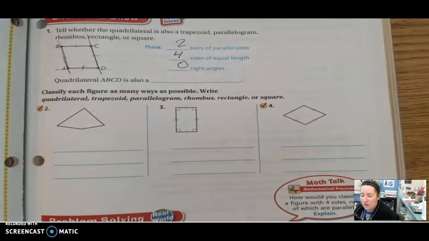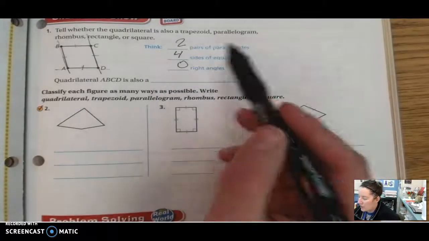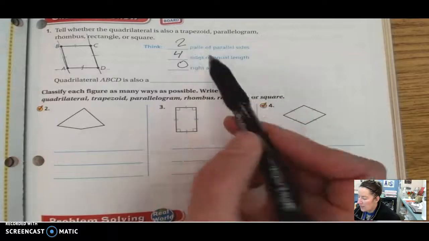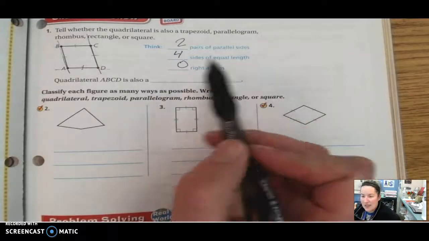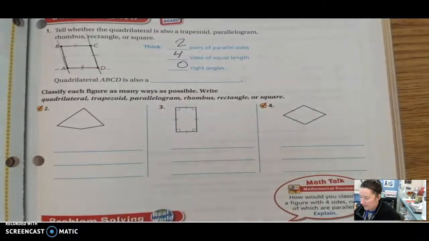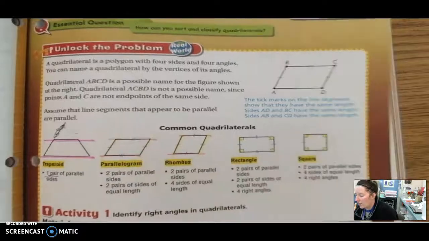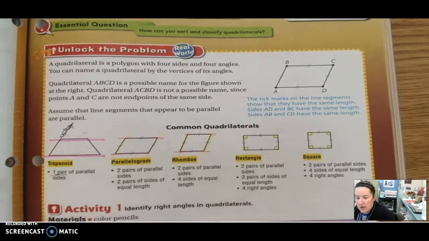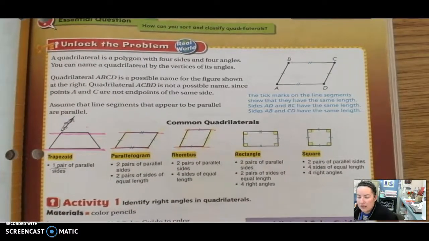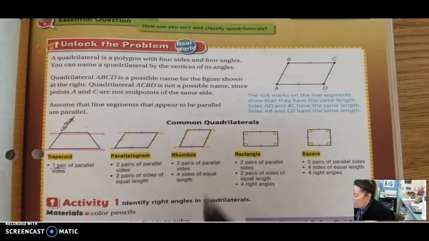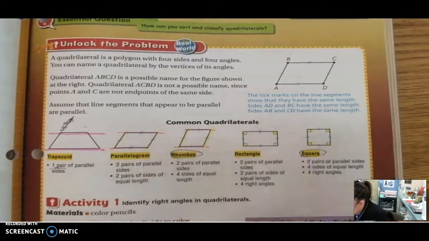So I need to think of what type of shape has two pairs of parallel sides, four sides of equal length, and 0 right angles. If I can't remember, I can go back and look here. Which one of these has two pairs of parallel sides, four sides of equal length, and 0 right angles? Well, I want you to look at rhombus and square.